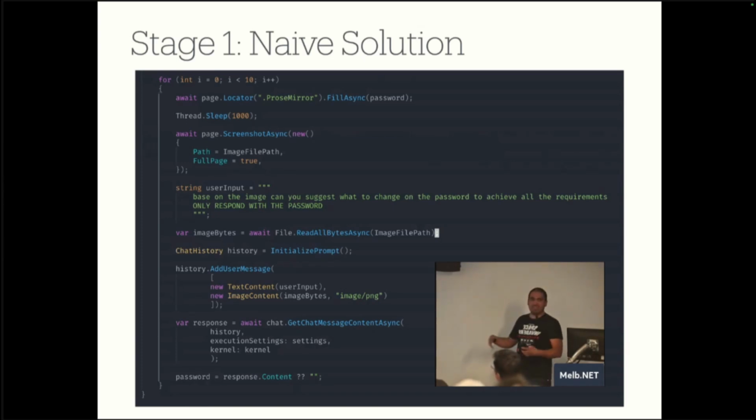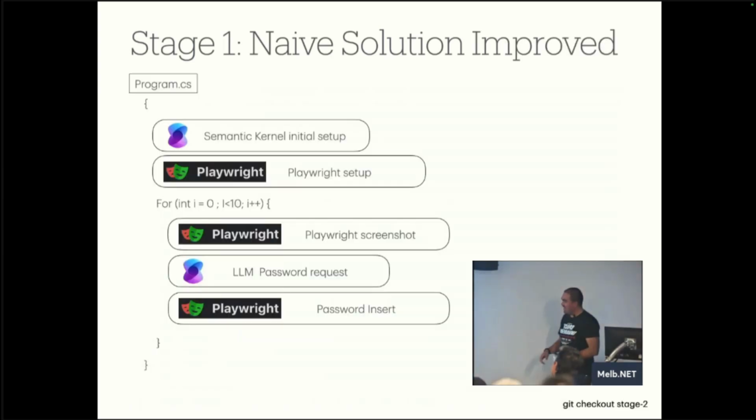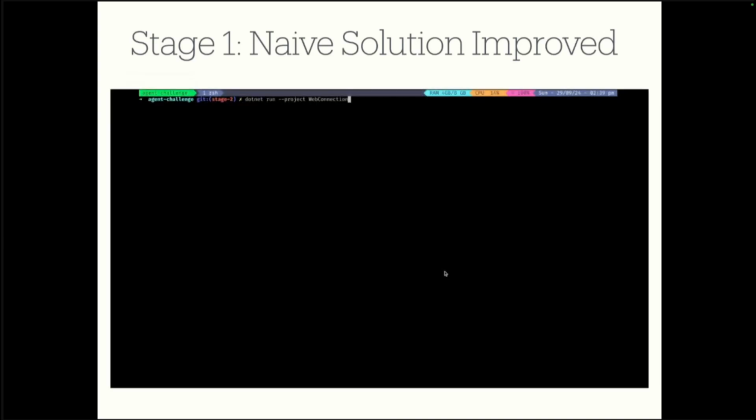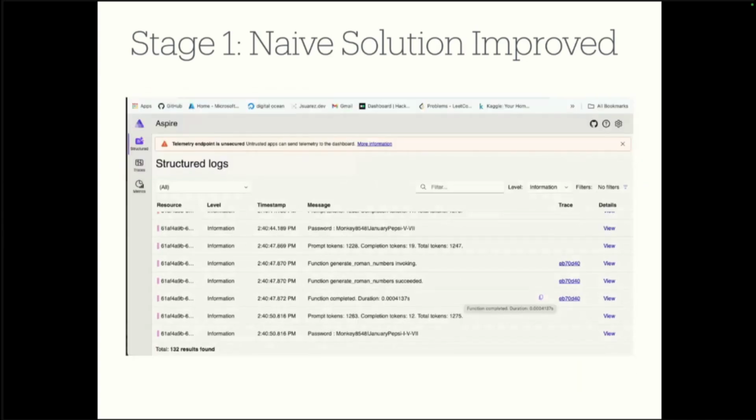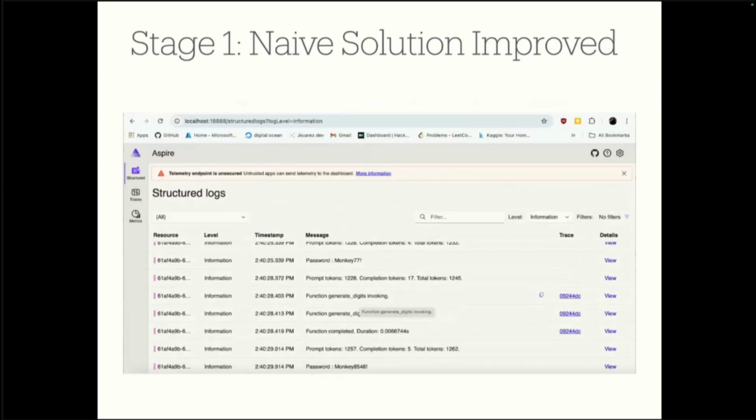And this is how the solution looks now. I deleted all the initial prompt, everything, and the prompt is going to be just this: based on the email that is suggested, change the password to achieve all the requirements. Respond with the password. And this is how the code, or the project, would look now. And this is the demo.